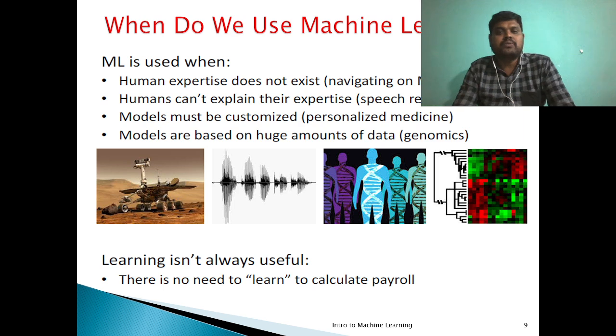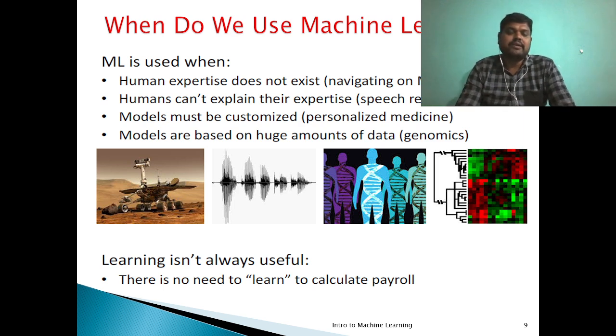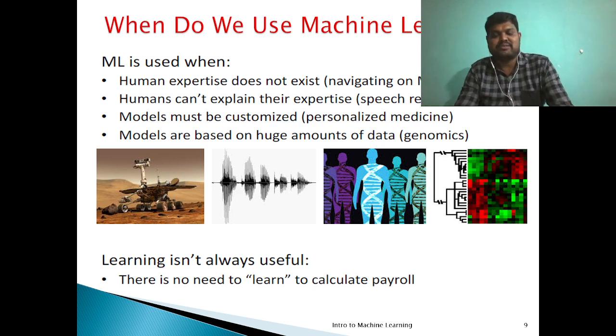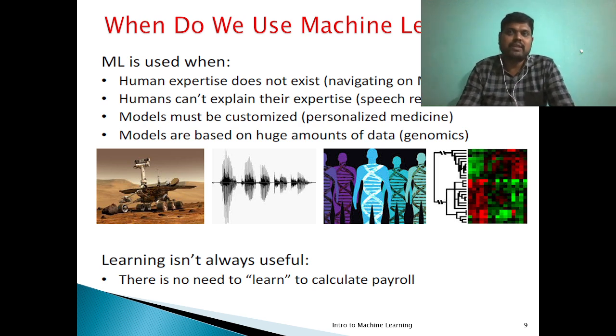So when do we use machine learning, right? Machine learning can be used whenever the human expertise doesn't exist. For example, when we launch a satellite to other planets like the Moon or Mars, whatever it is, right?